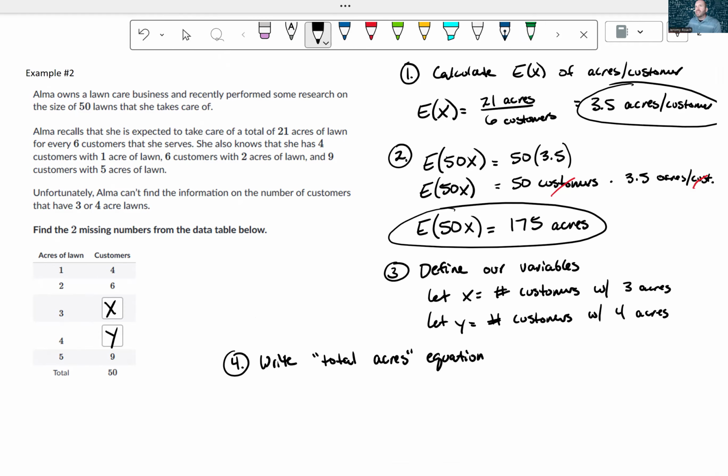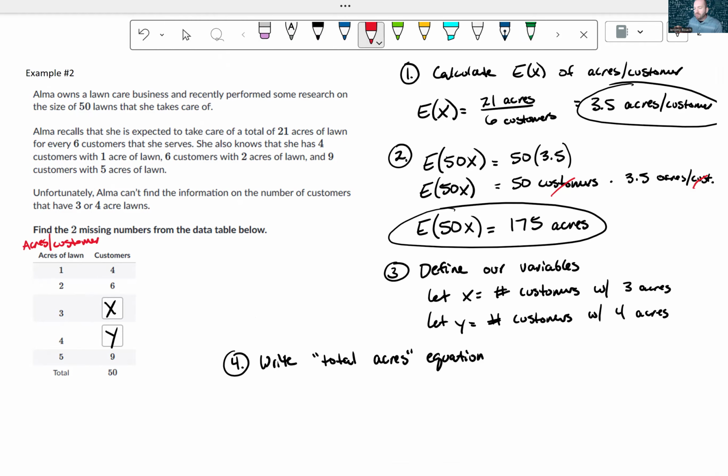Okay, so to get the acres equation, this is kind of interesting, I think, because on the table here it says acres of lawn. Really, we could rewrite this table as acres of lawn per customer.